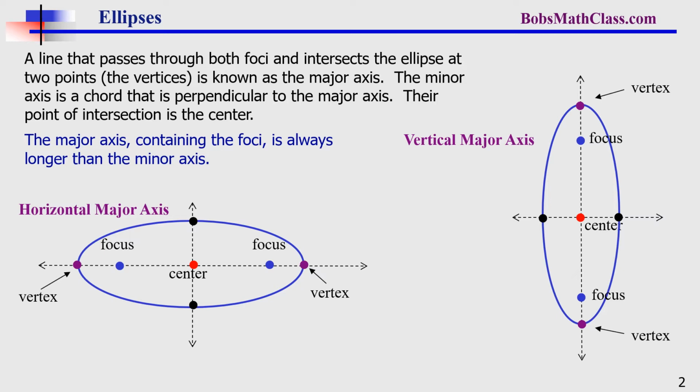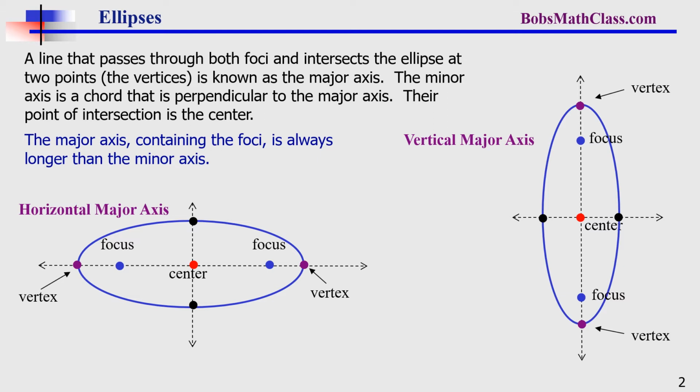The one that says horizontal major axis is longer widthwise. And the one with the vertical major axis is longer height-wise. So the foci are always on the horizontal major axis if it's longer horizontally, or on the vertical major axis if it's longer vertically.